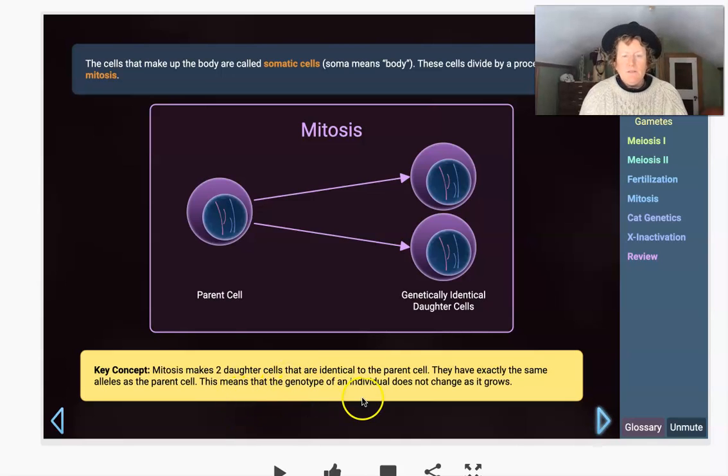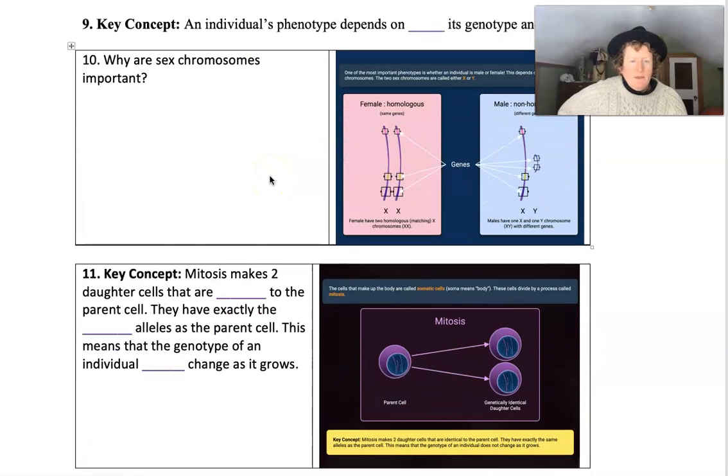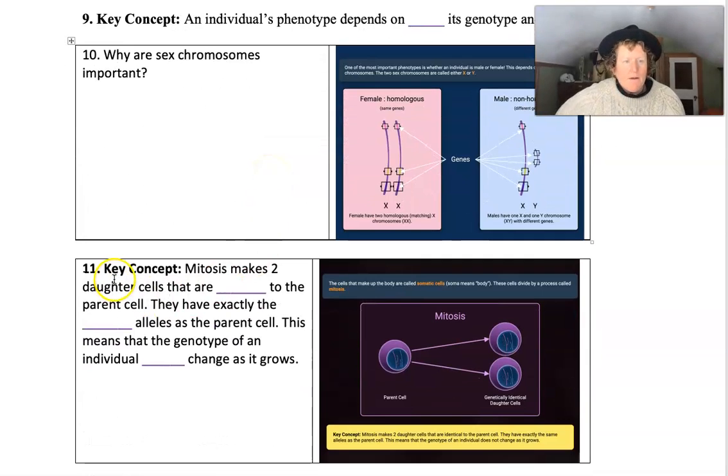This means that the genotype of an individual does not change as it grows. So that key concept is down here in number 11. Mitosis makes two daughter cells that are identical to the parent cell. You can fill in the blanks from this key concept right here.